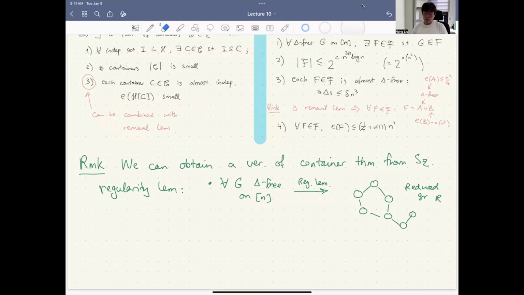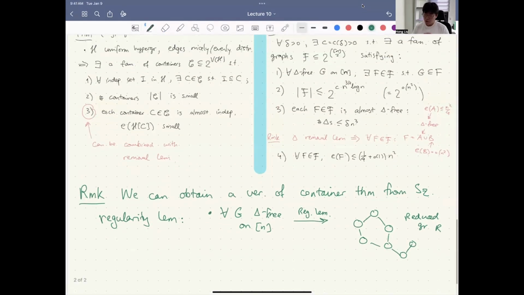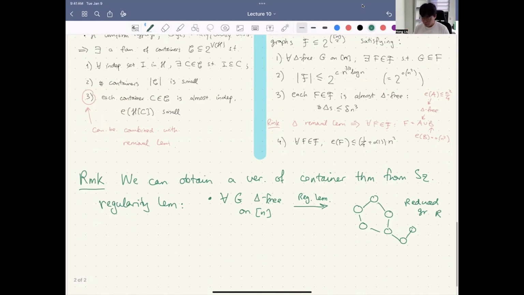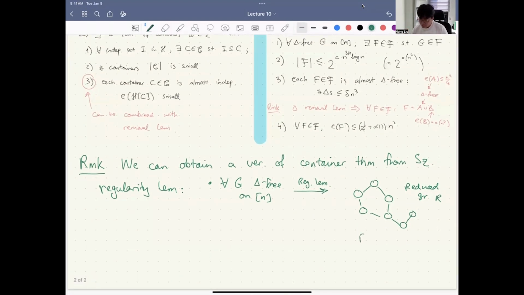But anyway, it's enough for us to get just containers for triangle-free graphs. So we have a graph G, which is triangle-free. If we use the regularity lemma, we get a reduced graph. Then we know that the reduced graph must also itself be triangle-free. Okay, so R is triangle-free as well. For otherwise, by the counting lemma, G has tons of triangles, positive triangle density.